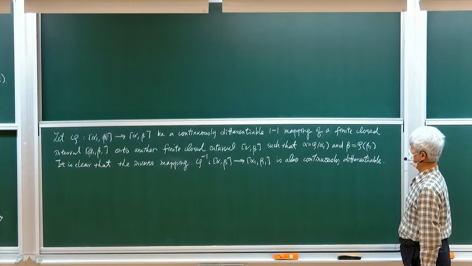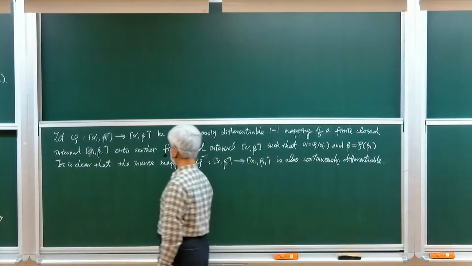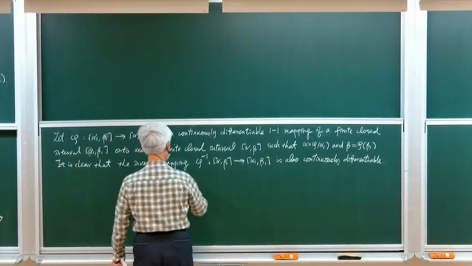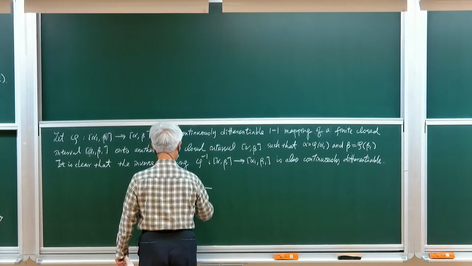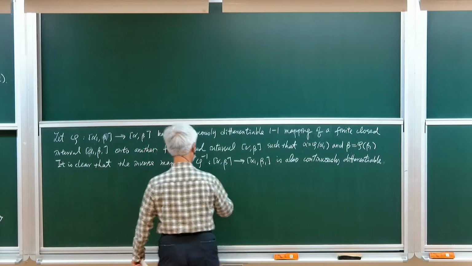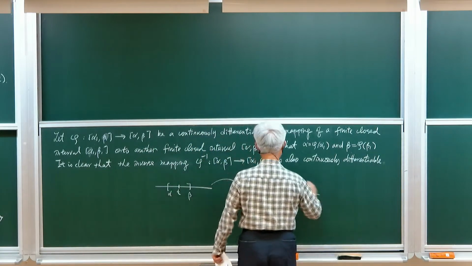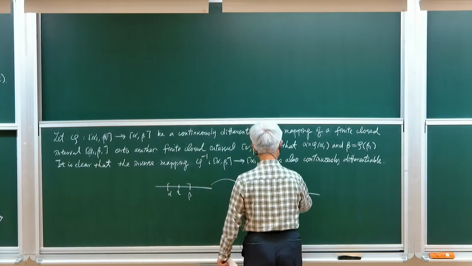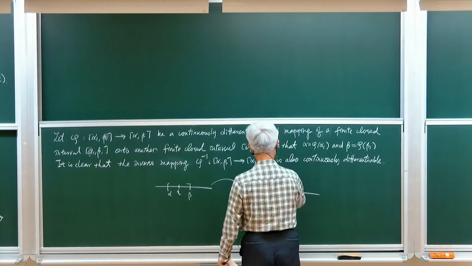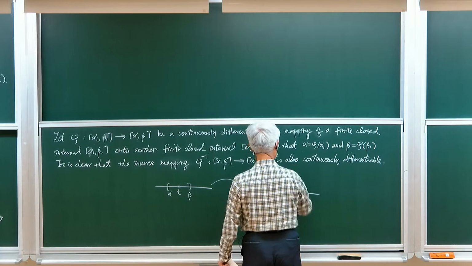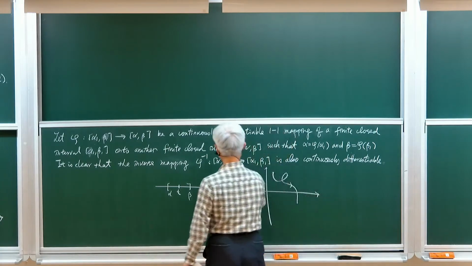All right. So originally we have t here, and it goes to here. This is gamma.